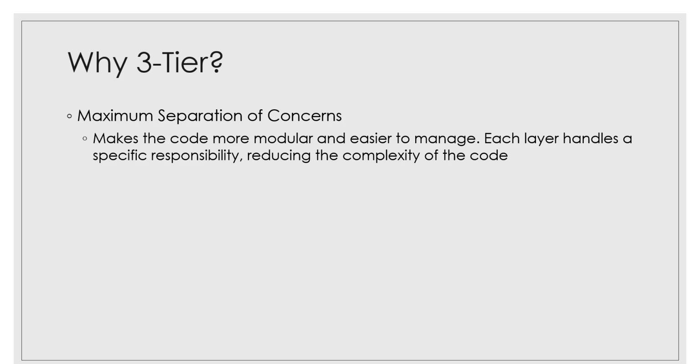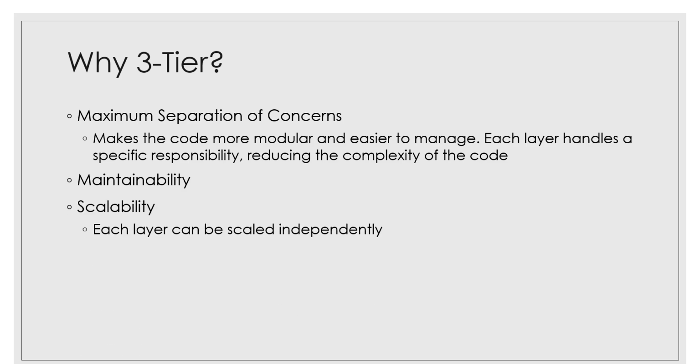In a really large enterprise application, this makes a big difference, because you might have one whole team of developers working on and maintaining that middle data layer, as opposed to another team working on the UI. That separation of concerns also allows more scalability.